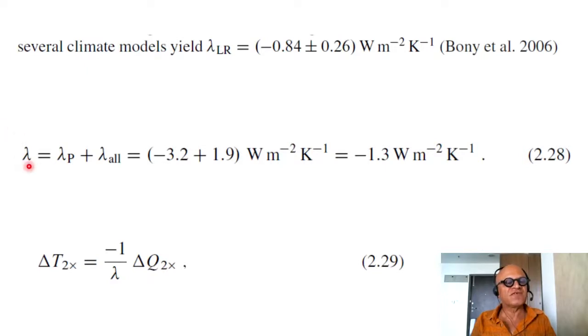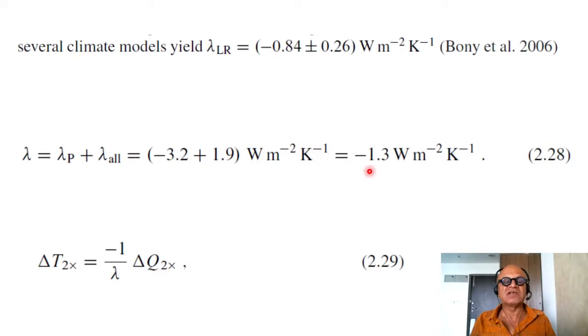The total feedback, and hence the sensitivity, is to take the Planck feedback from the models at minus 3.2 and add all the feedbacks we looked at: water vapor, cloud, ice albedo, and lapse rate in this case, which adds up to 1.9 watts per meter squared per Kelvin, and we end up with a net feedback of minus 1.3 watts per meter squared per Kelvin.